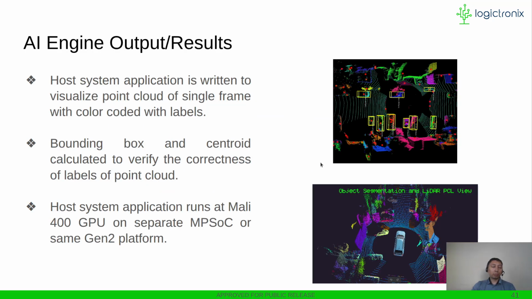Okay, so next we'll look into how we process the output and visualize it on our HDMI monitor, which is connected to another processing hardware. And for the host application, all the point cloud data for a single frame is obtained from the range to PCL kernel.